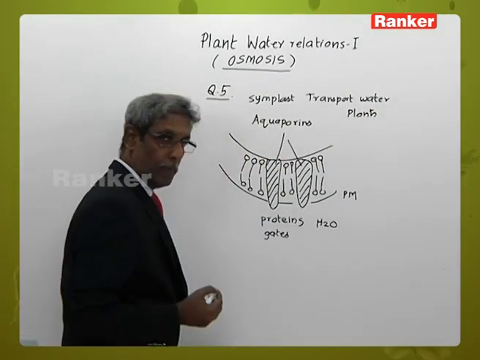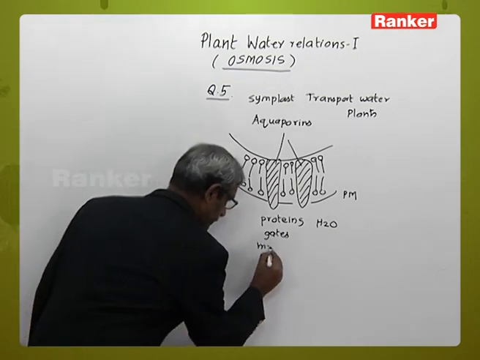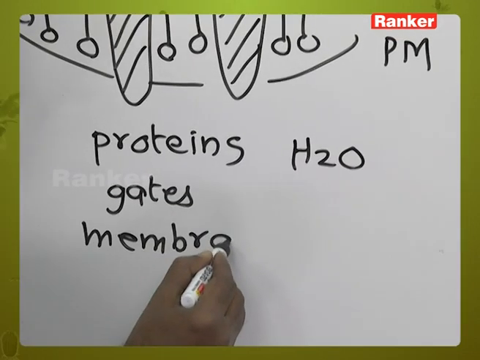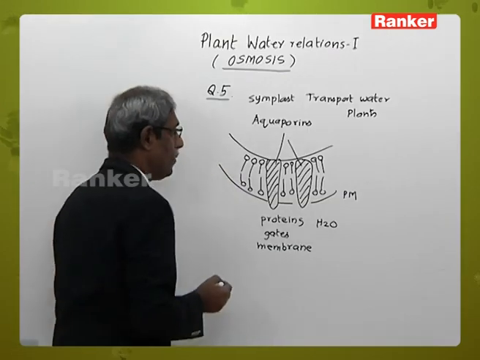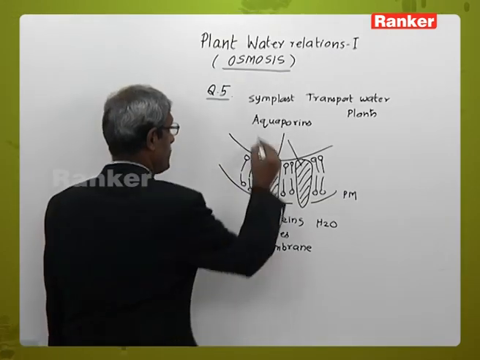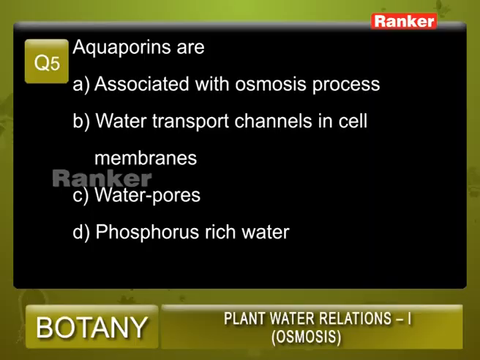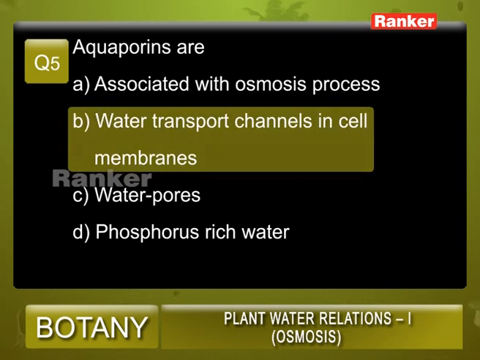So, they are membrane bound proteins. They are membrane proteins which help in transport of water, especially through the symplast. So, among the choices, the answer is B. They are water transport channels in membranes.